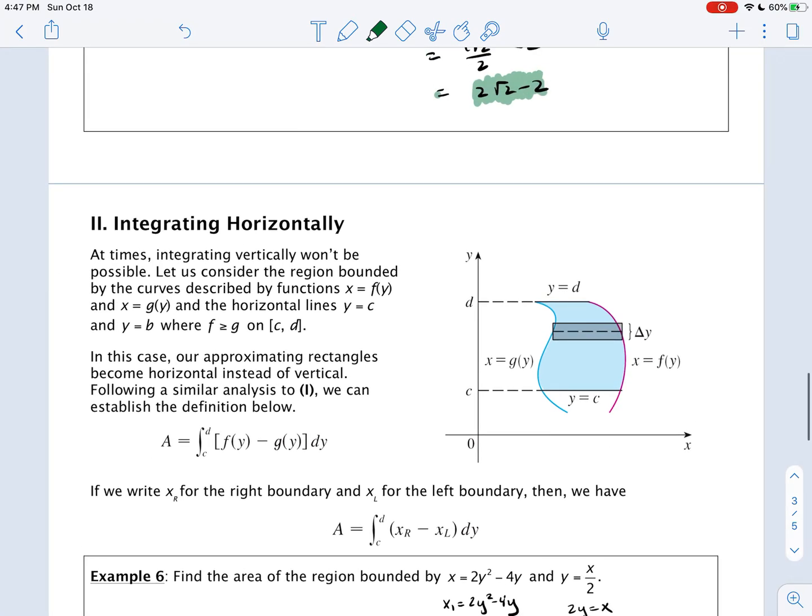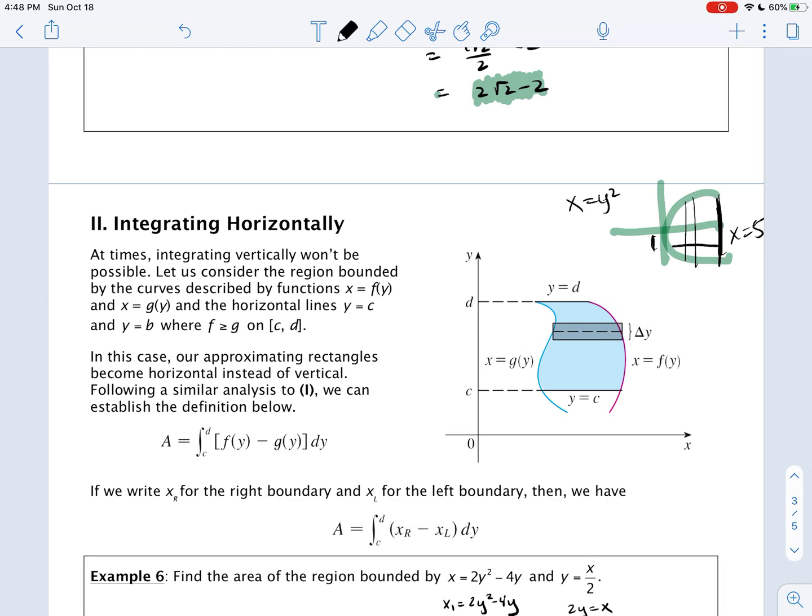If I were to look at something that looked like this, going from here to here, say, to x equal to 5, I could not do a top minus bottom for that x equal to y squared because it's the same function. And so it might be difficult to do that.